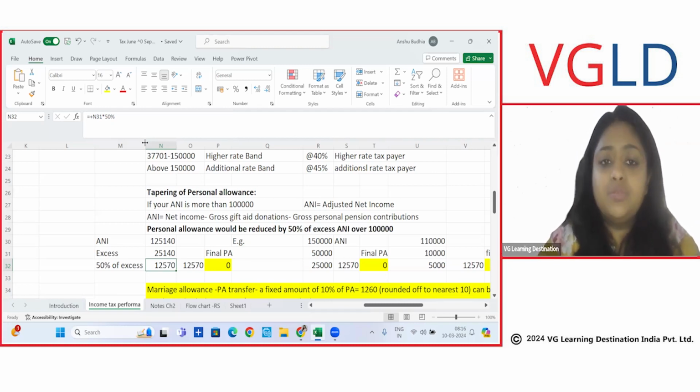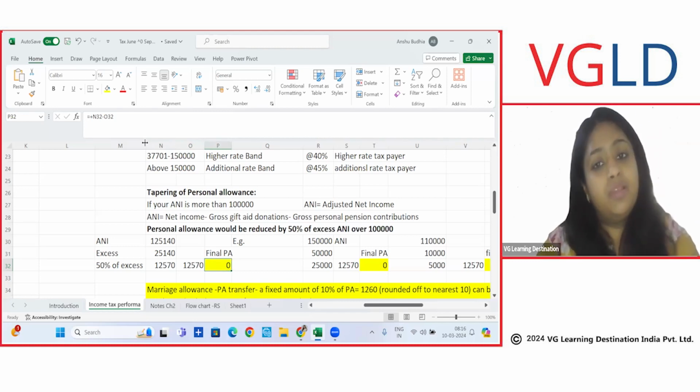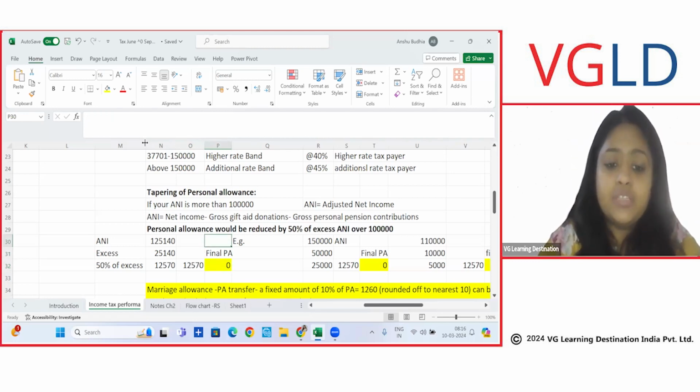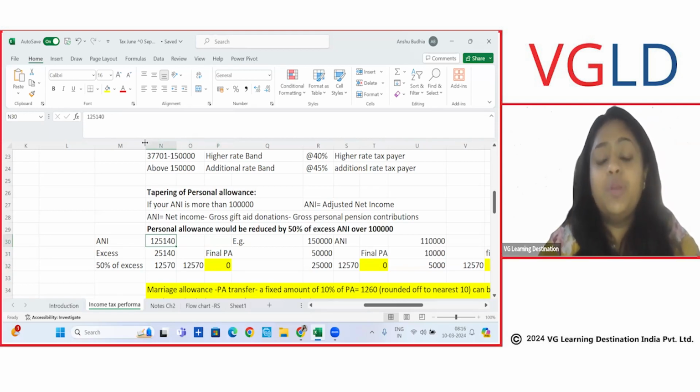Now when you reduce this amount from your PA amount, what do you get? 0. So no PA will be available. So you'll always find that when ANI is 1,25,140 or more, no PA is available because it can never go negative. So maximum it will be reduced to 0.